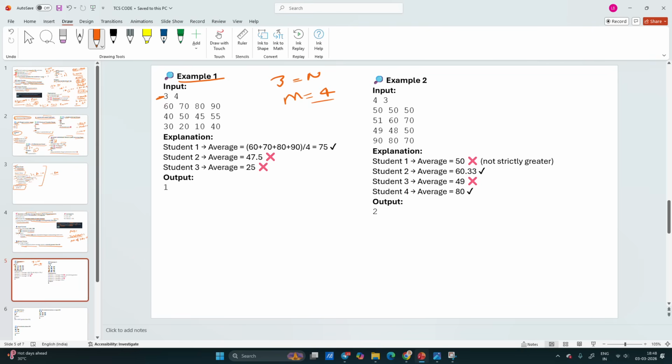So 3 students, 4 subjects: 60, 70, 80, 90. First of all, we have to calculate the average: 60 plus 70 plus 80 plus 90 divided by 4 is 75, which is strictly greater than 50%. 40, 50, 45, 55 gives 47.5, no. Student average is equal to 25, no. And output is 1, because only one student satisfies this condition.